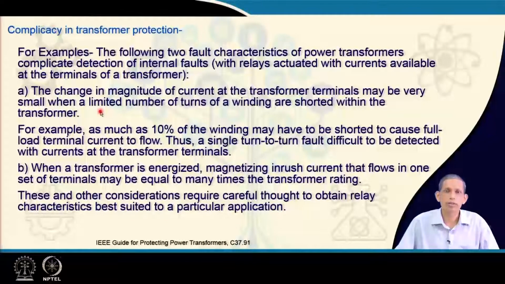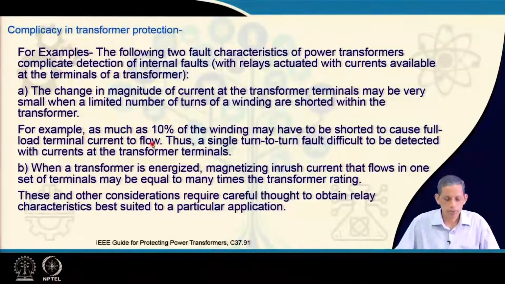When a turn is shorted directly to the ground, the corresponding current may be significant. If the turn happens to be in the lower part of the transformer winding towards the ground, then the fault current will be smaller. If the fault is between two turns, then the current may be much smaller.